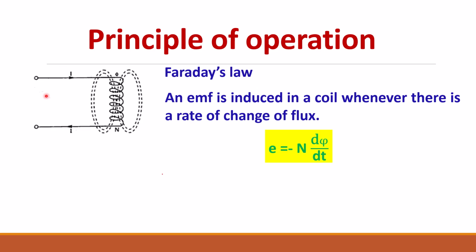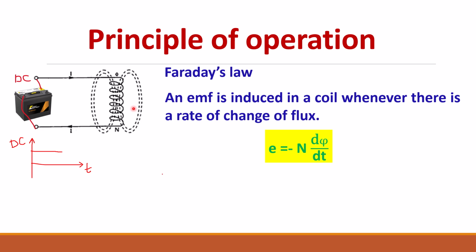Suppose I give a DC current, for example by connecting a battery to this coil. DC current means a constant one. When you pass this current, a flux will be produced, but it will not change. It is like a constant flux. So in this case, no EMF will be produced.